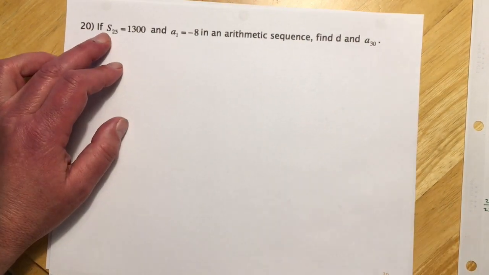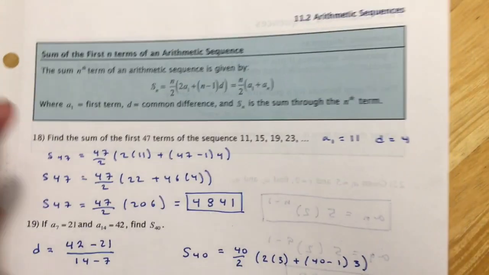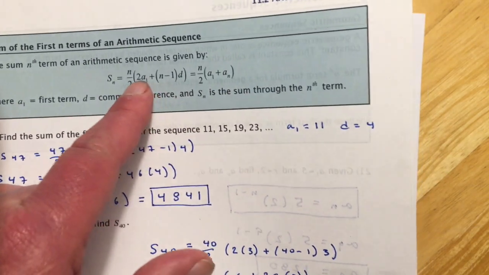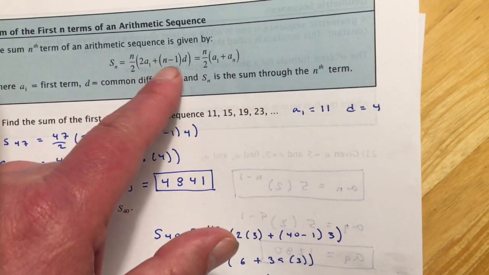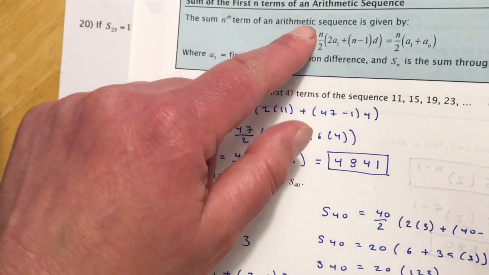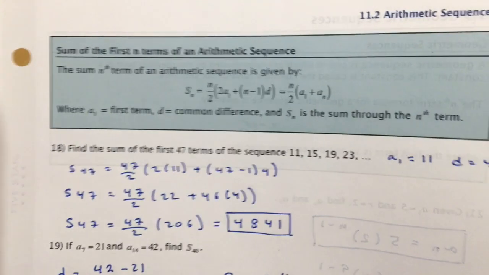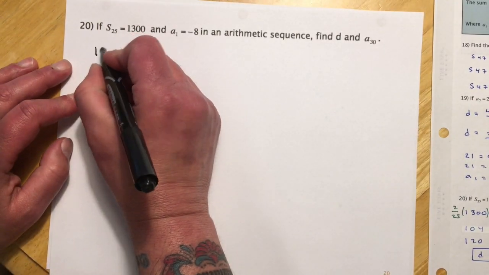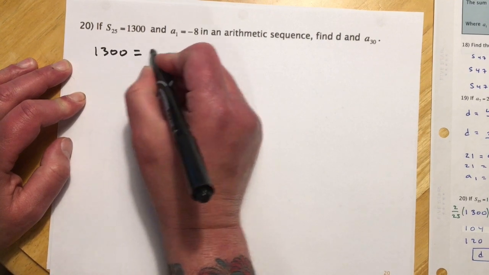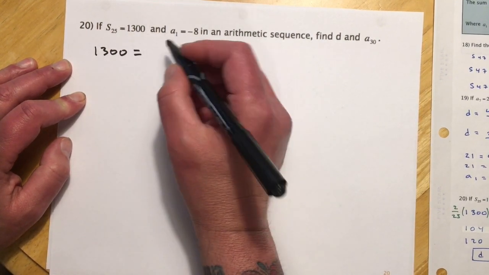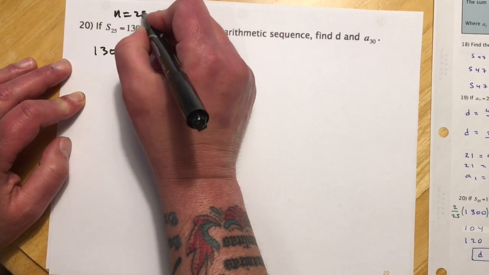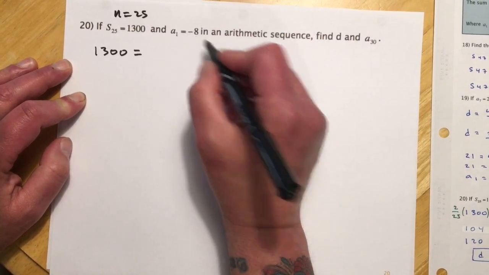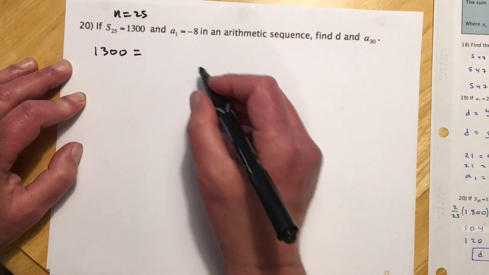And they gave me a sum, so looking back at those formulas that were our sum formulas, the slightly more complicated one has a D in it, and I think I know everything else. I know the sum, I know N, and I know the first term, so that's going to let me solve for D. So this is going to look like 1300 equals, let's see, so N is 25, the sum is 1300, we've got A sub 1.